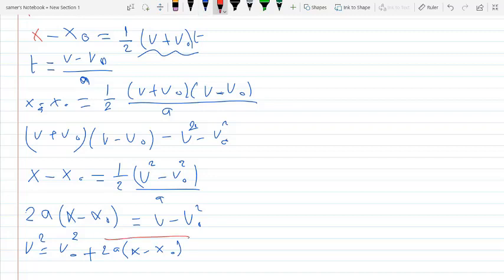And this is the fourth equation of the equations of motion for constant acceleration.